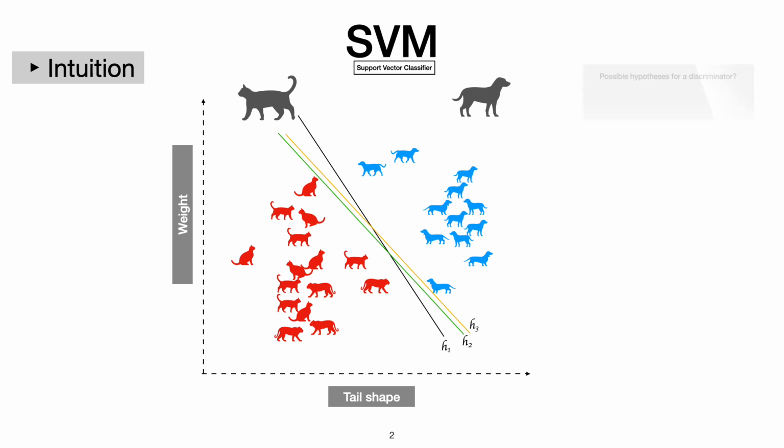Again, remember, we have many possible solutions. And if you want me to simplify this one more time, what I'm trying to say here is, if there is one unique best hyperplane or solution, which one is it of this infinite number of possible solutions?